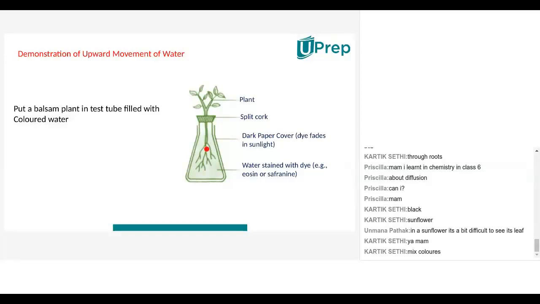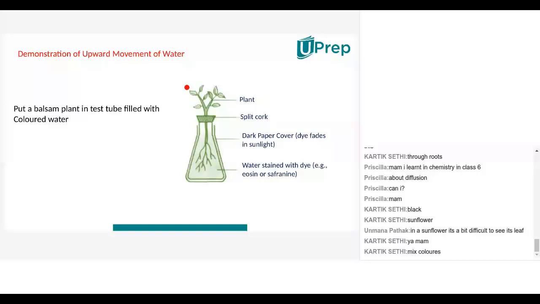How and why does this happen? See, when you do this at home, you will not have an entire plant. You will only have a stem of a flower, but that also shows that the stem has xylem in it, and it has the capacity for upward movement, to prove that the upward movement of water happens through xylem, and ultimately it reaches the flower or leaf or whatever.